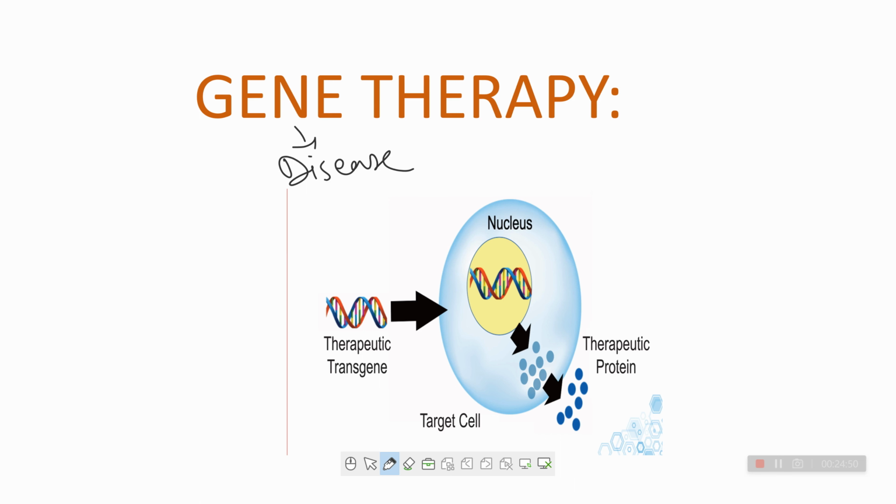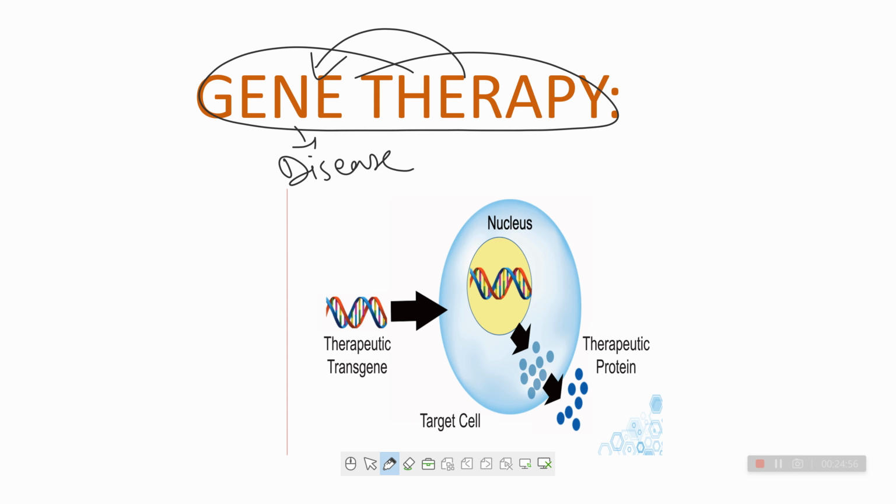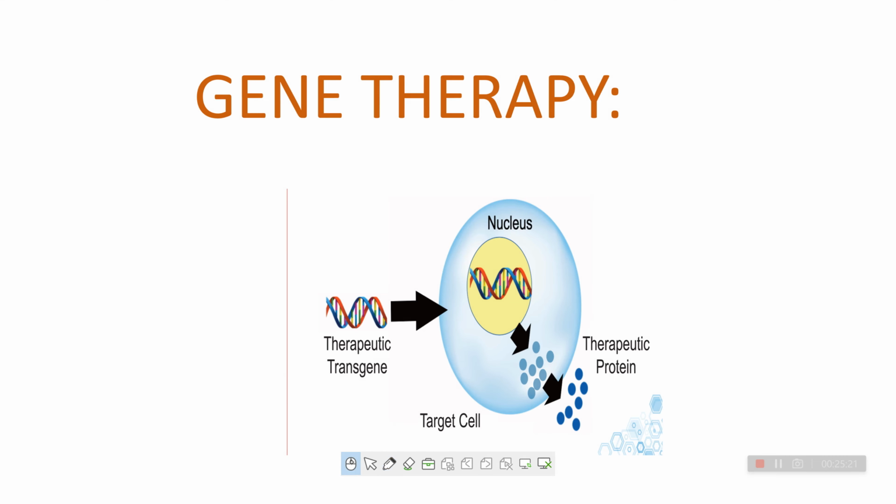We treat that gene, and that is known as gene therapy. This is a therapeutic transgene that goes into the nucleus. This is the target cell, going inside the nucleus. Here a therapeutic protein will be formed, and this therapeutic protein will cure that gene. So this technique is known as gene therapy.